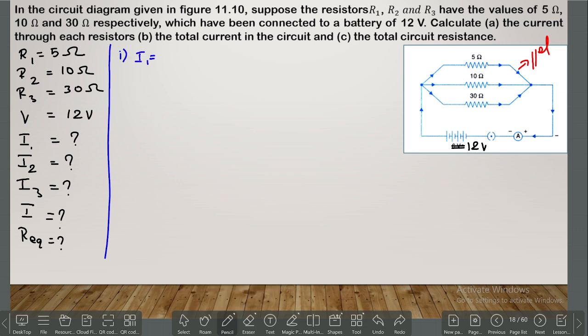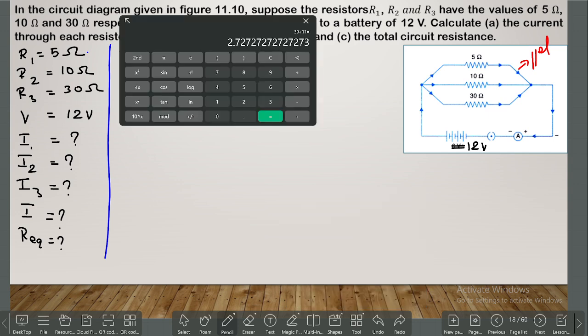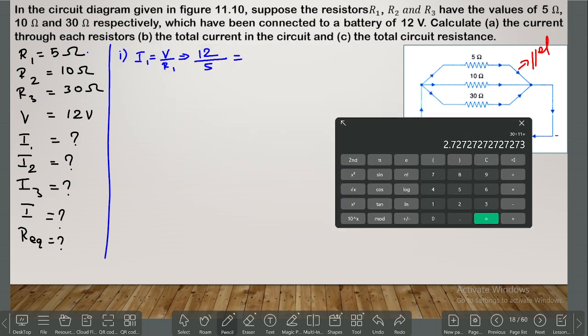I1 is equal to V by R1. What is the value of V? 12, by the value of R1, which is 5. So we are dividing these two numbers. 12 divided by 5 is going to be 2.4 ampere.